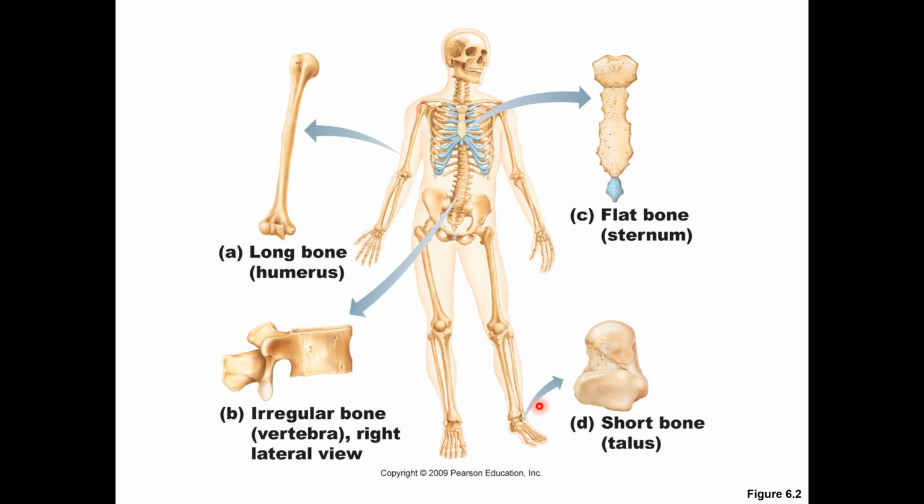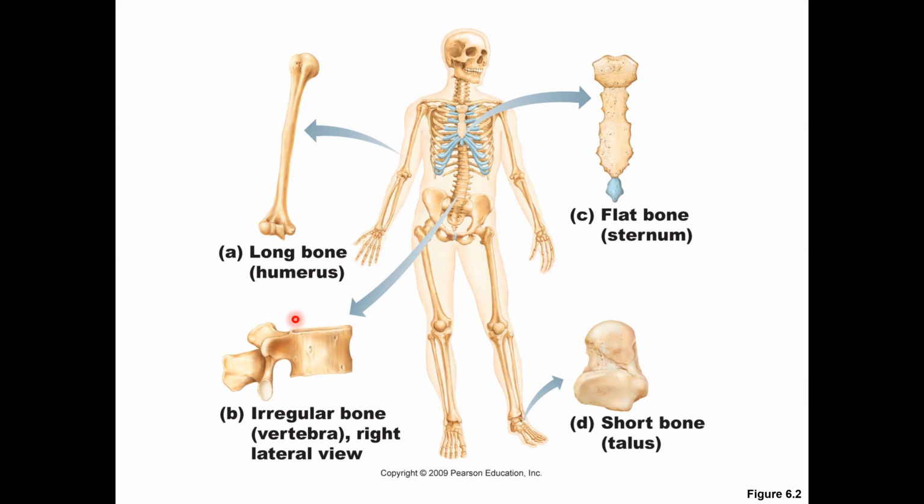Short bones, we already mentioned, that is carpal bones and tarsal bones. Flat bone, for example, over here is a sternum. Many bones that make the skull, like frontal bone or parietal bones or temporal bones, are also considered to be flat bones. Irregular, for example, over here is a vertebra.